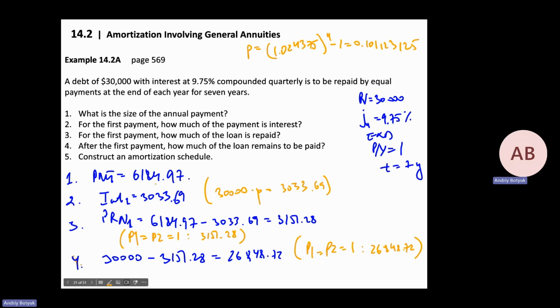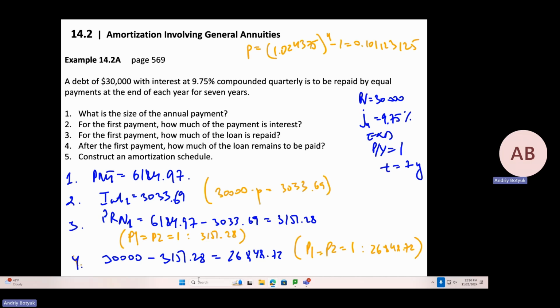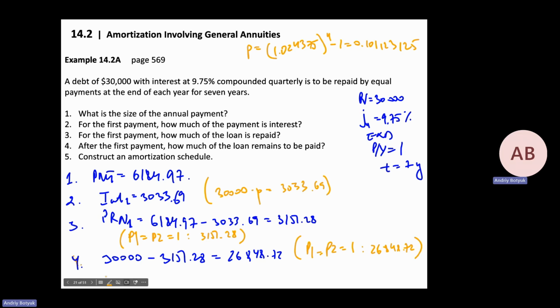Basically, we need these values for each line: payment, interest paid, principal repaid, and balance. That's what we just did for the first line. Same thing will be done for every next line. And by the way, how many payments here? 7, yes. Okay, next.